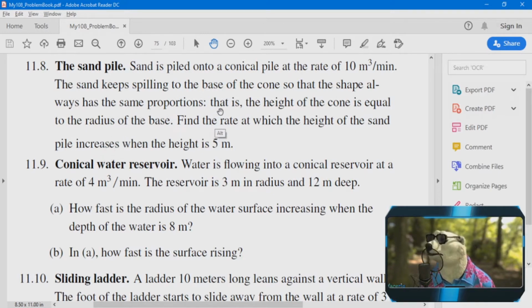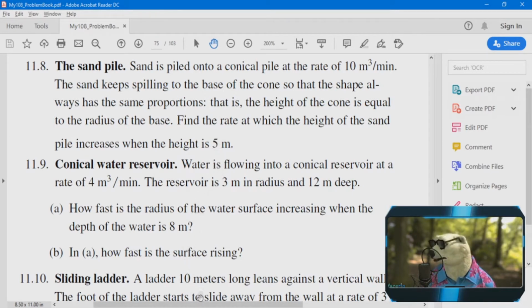It's a cone, and the height of the cone is equal to the radius of the base. So the height is the same as the radius. So it's a pretty flat cone because the sand keeps falling and sliding down. Find the rate at which the height of the sand pile, the cone, increases when the height is 5 meters.